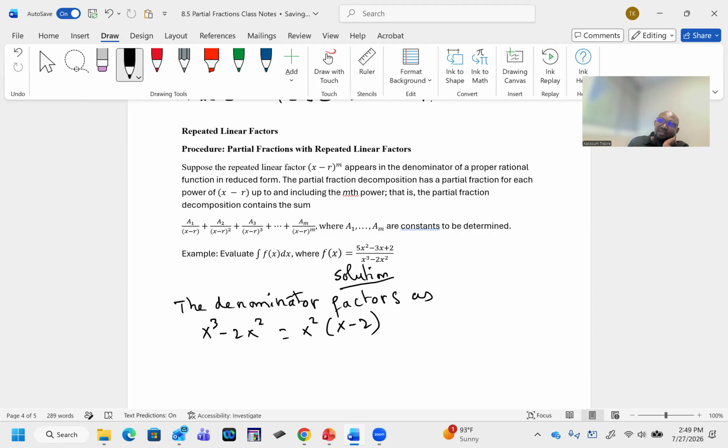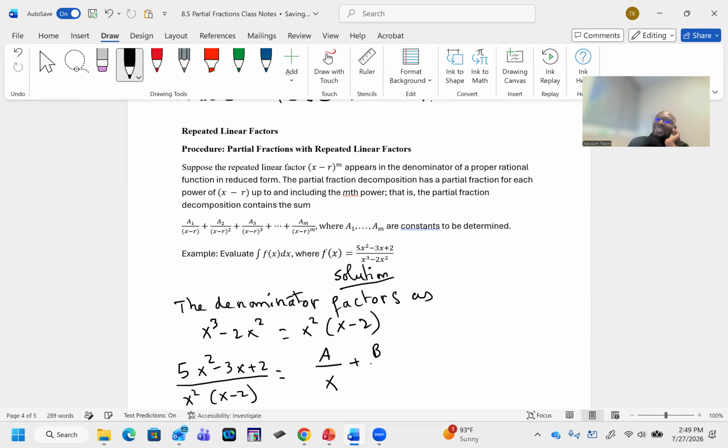So that is why, if I'm writing this one as a partial fraction, I would have 5x squared minus 3x plus 2 divided by x squared times x minus 2 should be equal to a divided by the first x, which is x to the power of 1, plus this, because this is x squared, right?